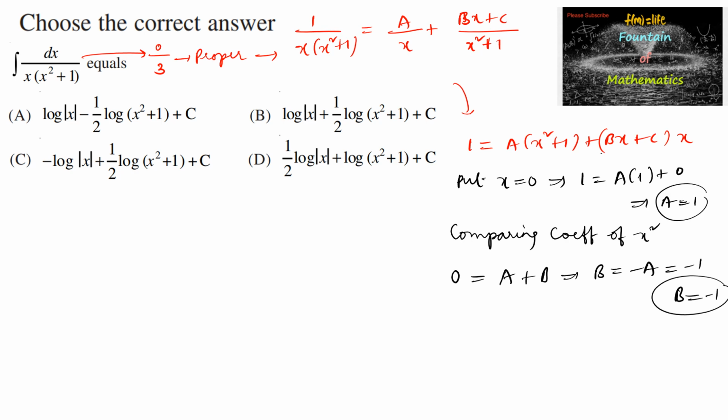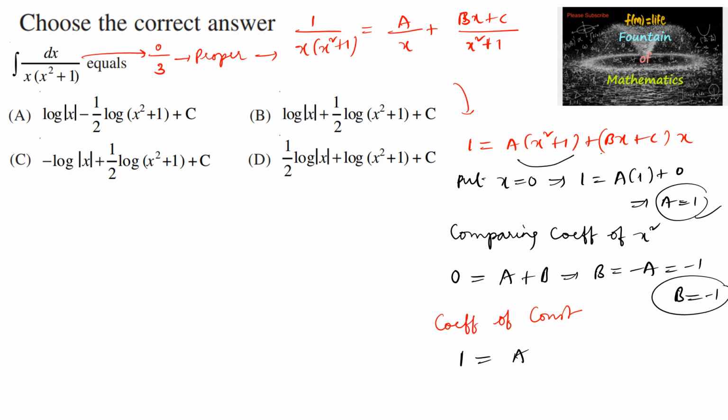And now comparing coefficients of constant. On the left side the constant is 1, on the right side we can see A into 1, and in Bx square plus Cx there is no constant.